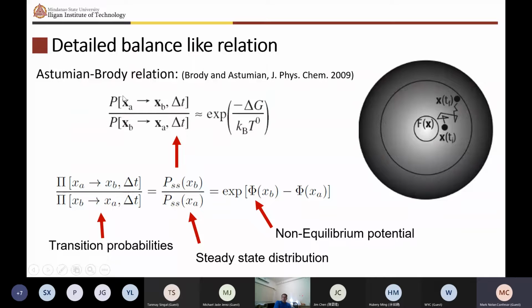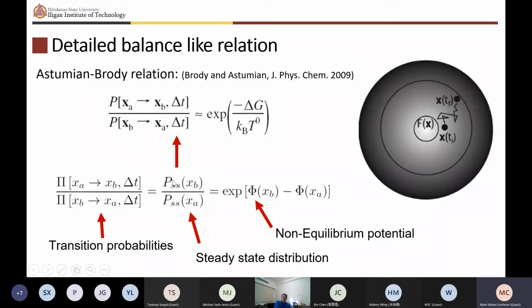The emphasis here is that these transition probabilities are time dependent, but they cancel out in their formulation to yield this. We call this detailed balance-like because in equilibrium, we know for a fact that this is governed by the detailed balance equation, which you have below: the transition probability ratio is just equal to the ratio of the steady state distributions.